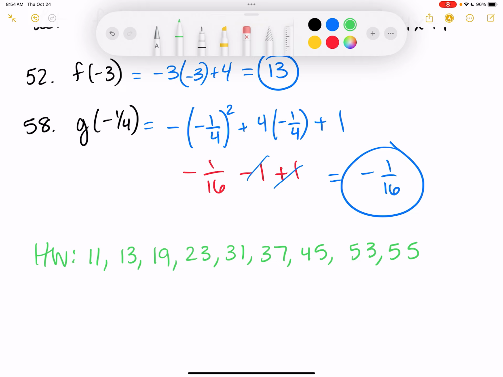Make sure, if there are 2.4 notes posted, that you have those for tomorrow. So we'll probably be ready for a quiz Tuesday or Wednesday next week, just for the heads up.